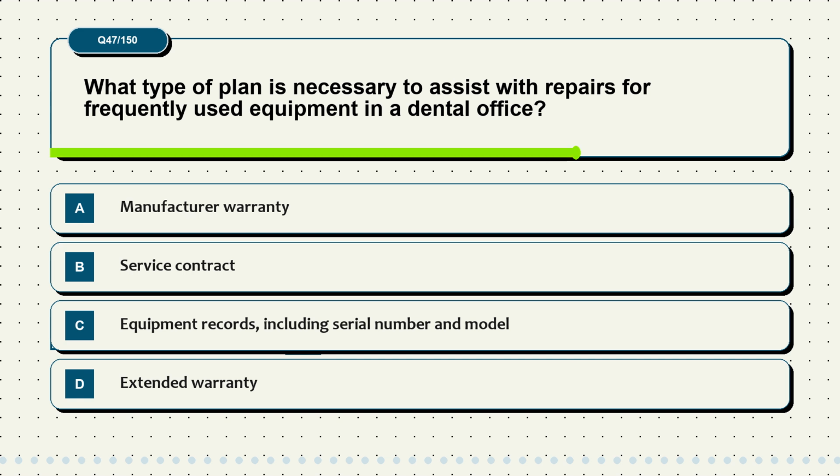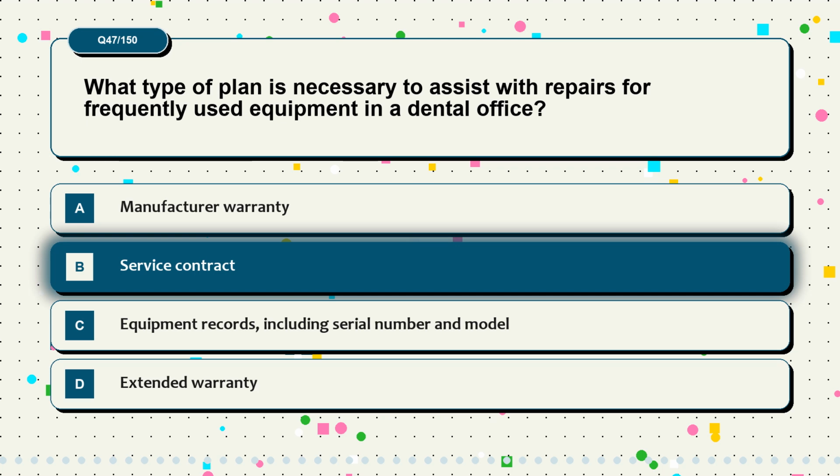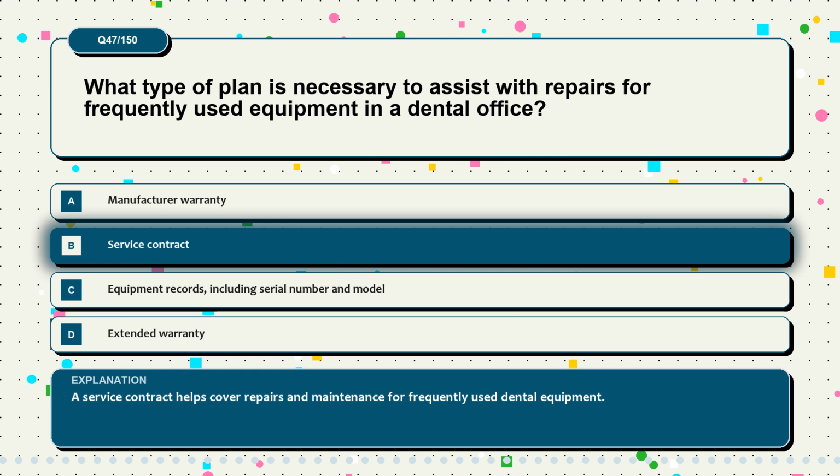Option C, equipment records, including serial number and model. Option D, extended warranty. The correct answer is option B, service contract. A service contract helps cover repairs and maintenance for frequently used dental equipment.